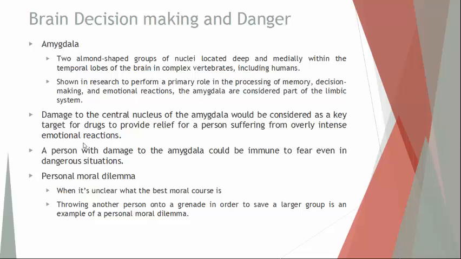Now, the last bullet point here, the personal moral dilemma, this goes back to the amygdala helping to form a moral compass, or using a person's response to emotional reactions to helping form a sense of morality. If someone has damage to the amygdala, they can't understand if someone is scared or nervous or happy or sad. So in return, they can't respond to that.